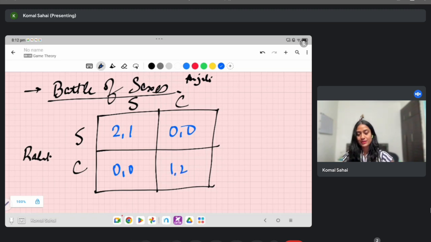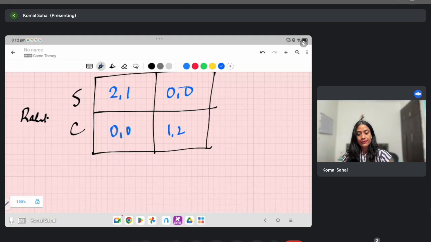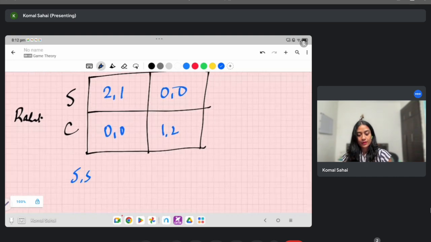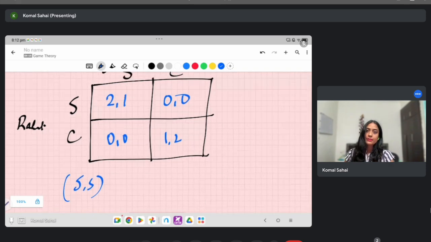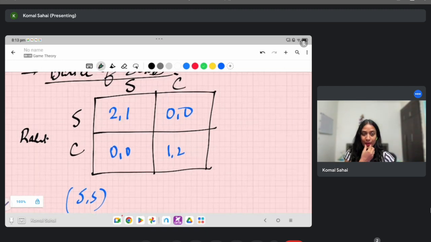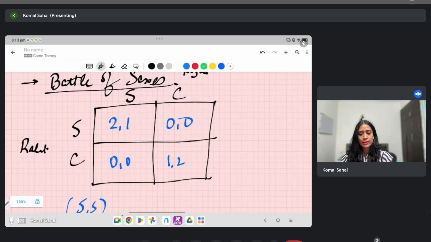Rahul likes stand up, Anjali wants to go to clubbing. In this case, again, let us evaluate each of the outcomes. If you are in the stand up outcome, again think from the perspective of player 1.